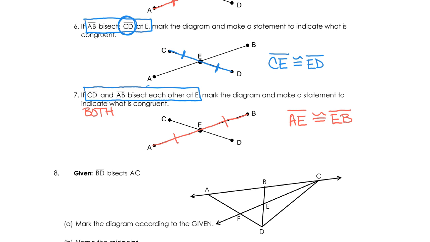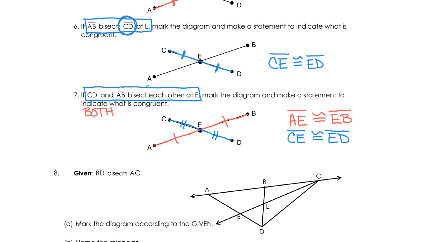Okay. However, if both of them are being cut in half and we locate the other one as well and mark its two halves, we don't want to use single tick marks because then we're going to think all 4 pieces are equal and we don't know that they started off equal. So what we do is that we put 2 tick marks and 2 tick marks so we know that these 2 pieces with double tick marks go together, and we can get another congruent statement that says CE is congruent to ED.